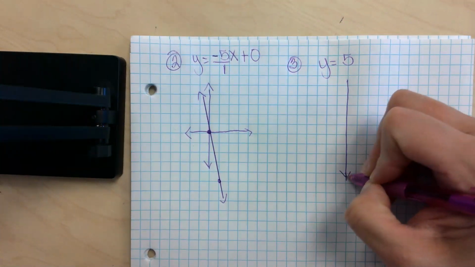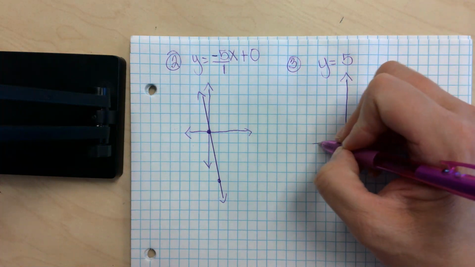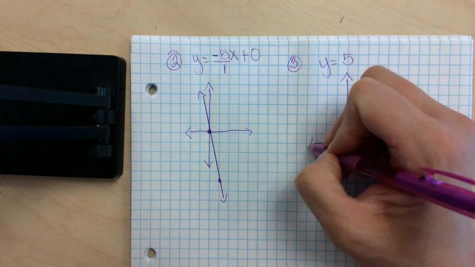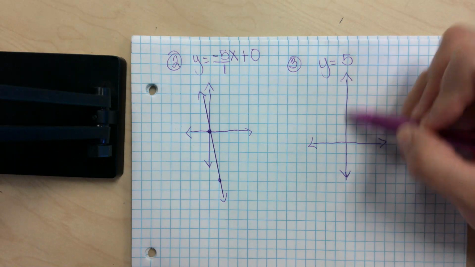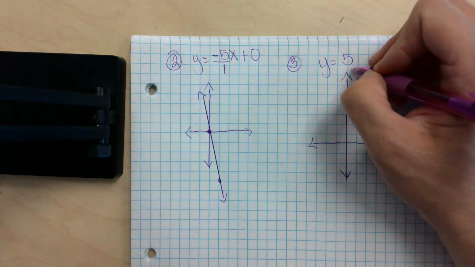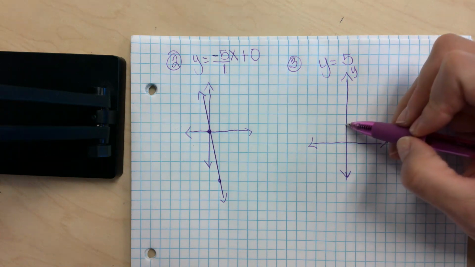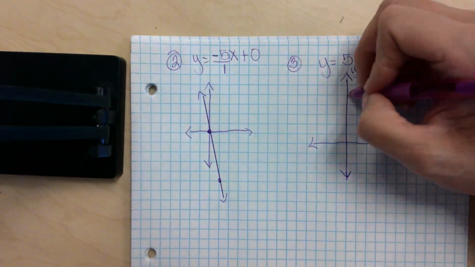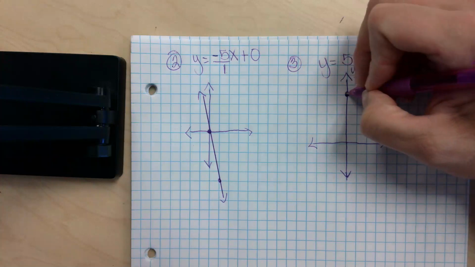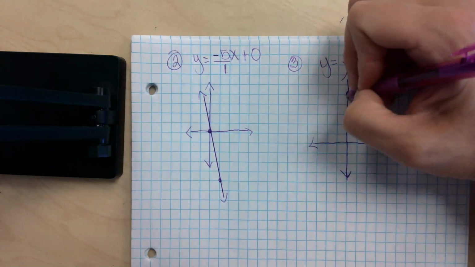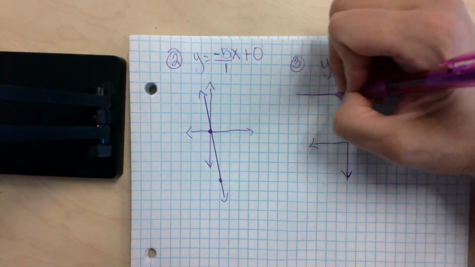I'm going to make my graph. Remember, this is X. This one's Y. I'm going to go up to positive 1, 2, 3, 4, 5. And it's a no slope horizontal line.